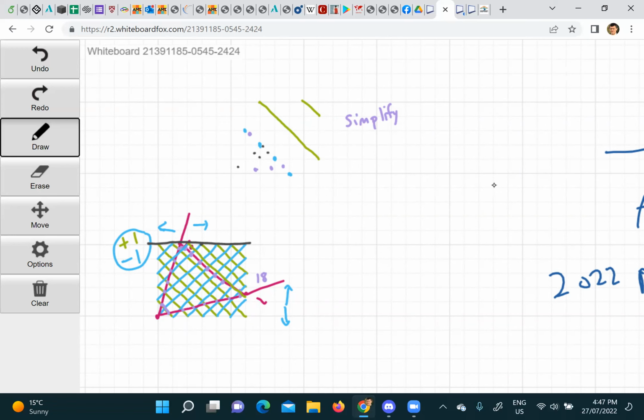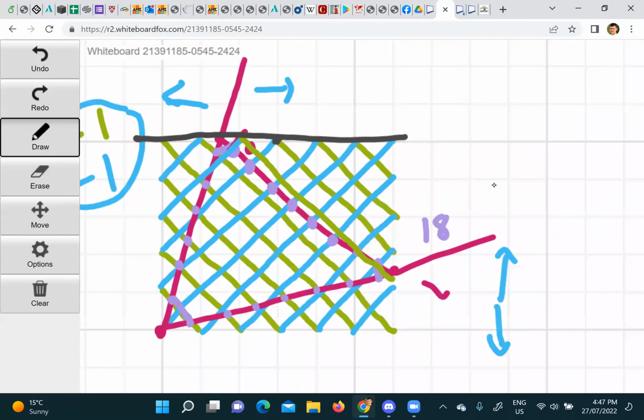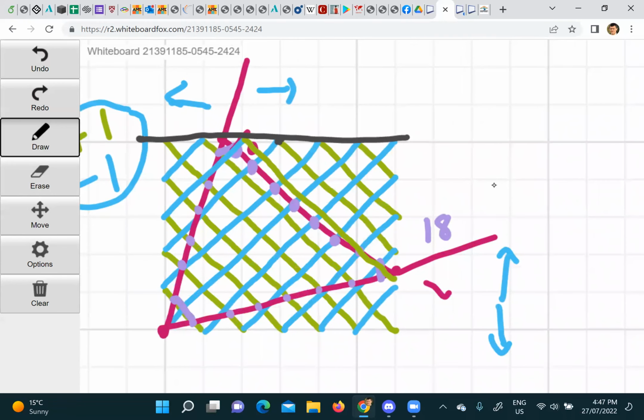So there's no formula for this one. Well, it's not a standard thing. Maybe we've just proved the formula, so we can actually prove this generally. You count the number of green lines and the number of blue lines and minus 2, which is 18. And if you do 20 squares, how many lines do we draw?